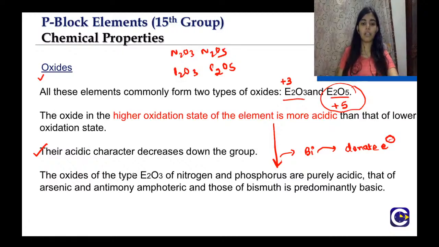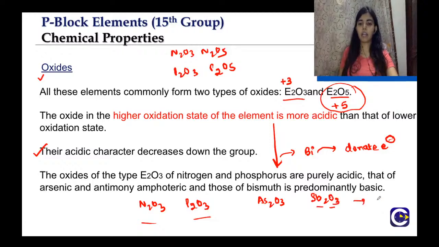Now the oxides of the type E2O3 of nitrogen and phosphorus are purely acidic. That means N2O3 and P2O3 are very acidic. But in case of arsenic and antimony, As2O3 and Sb2O3 are amphoteric.